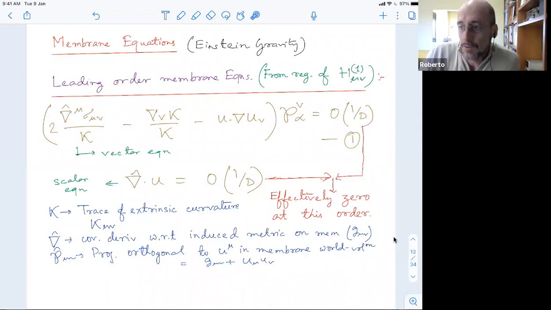And one thing that one can find, something that we did for the particular case of the equations for a membrane, is to identify, already using the leading order solutions, a current whose divergence is non-negative, which turns out to correspond to what would be the entropy current at the next order.